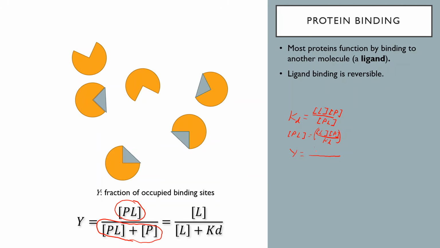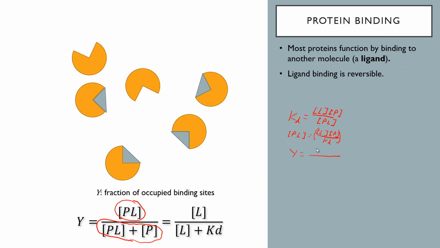I'm not going to draw the whole thing out, but we can take out some of the terms from that equation. The protein concentration disappears because you've got that showing up on both the top and the bottom. So you end up with something that looks like this.